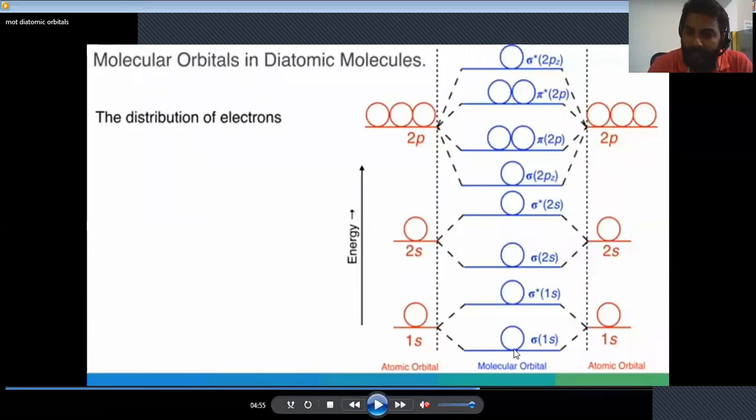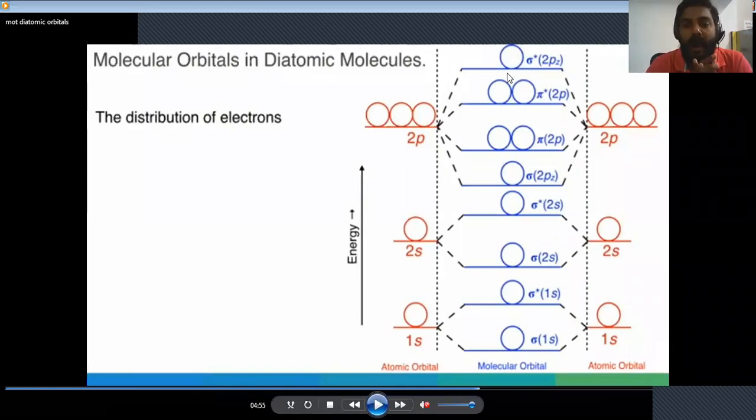Those without a star are bonding orbitals participating electrons; the ones with a star indicate anti-bonding. These are bonding, these two are bonding, and the remaining ones, with a star, are anti-bonding. How many electrons are in the anti-bonding orbitals: sigma star 1s, sigma star 2s, pi star 2px, pi star 2py, and sigma star 2pz?